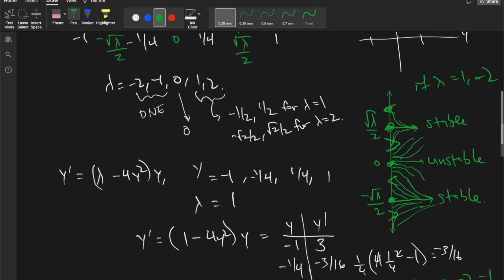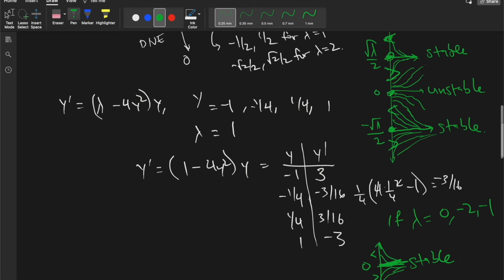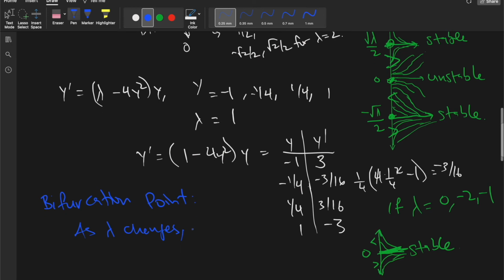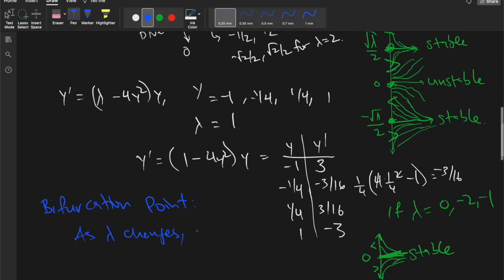A bifurcation point. So what is a bifurcation point? A bifurcation point is where critical points come together. As lambda changes, the number of critical points changes and they converge to some point. For example, here, as lambda is less than or equal to 0, we only have one critical point, only y equals 0.